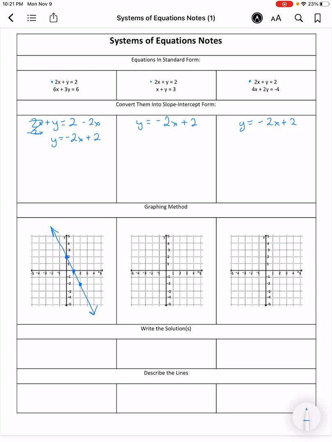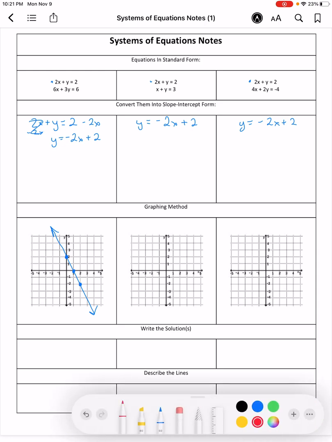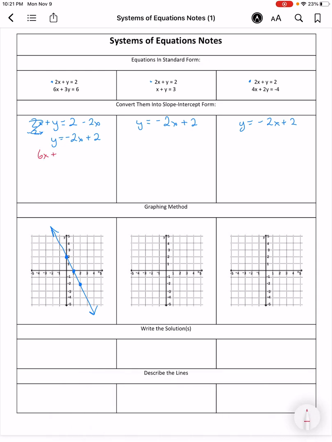All right, now the next thing we want to do is move to our second equation, which is 6x plus 3y equals 6. And again, our first step is to move x. So I'm left with 3y equals negative 6x plus 6.